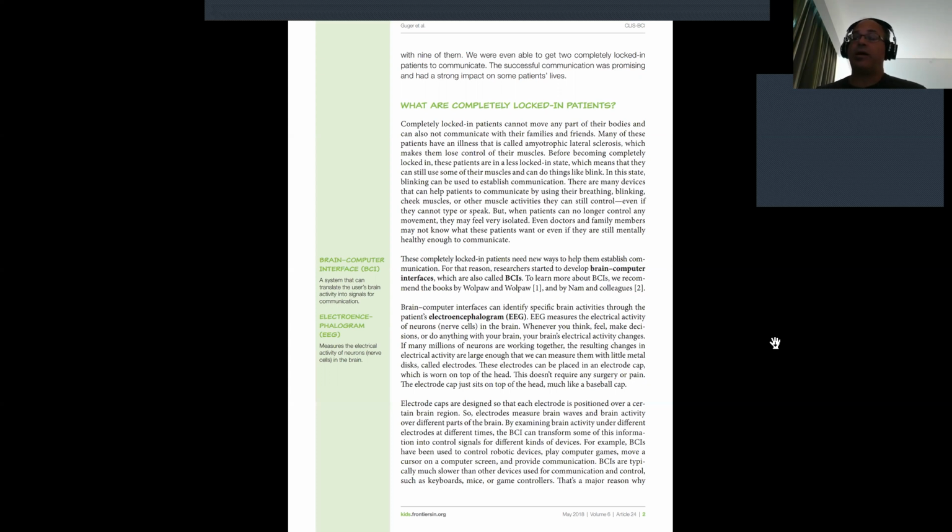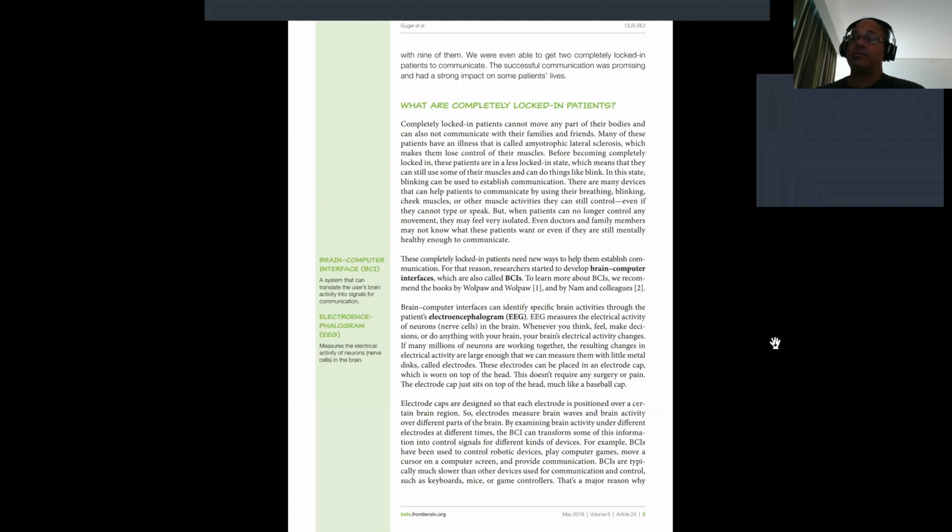But there are people who have very severe disabilities where any type of movement is not effective for communication. That is, they're not able to blink, at least not reliably. They're not able to use eye control or control their breathing or other ways to send information to the outside world, including other people and devices that they might want to control.